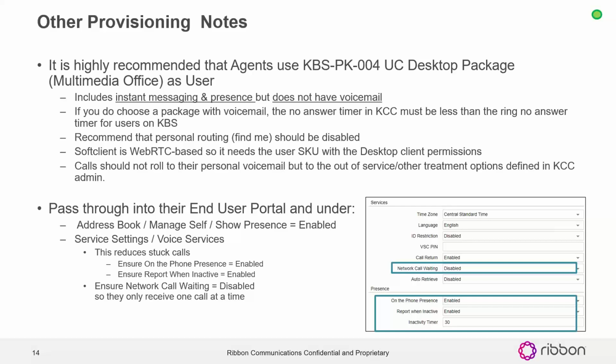That will ensure the queuing application has better visibility of what that particular agent is doing and knows when and when not to distribute calls to that endpoint. Based on experience, we also recommend that where viable, network call waiting is disabled, and that will ensure a cleaner UX for the agents.